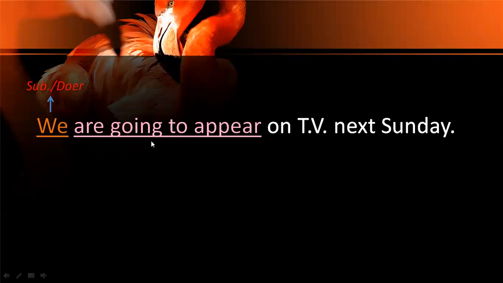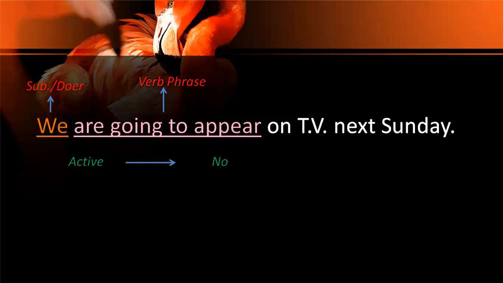"Are going to appear" is a verb phrase. "On TV next Sunday." Now, is this an active sentence or a passive sentence? Yes, it is an active sentence. But can we change it into a passive? The answer is no. Why no? We have a doer, we have a verb phrase, but do we have an object?